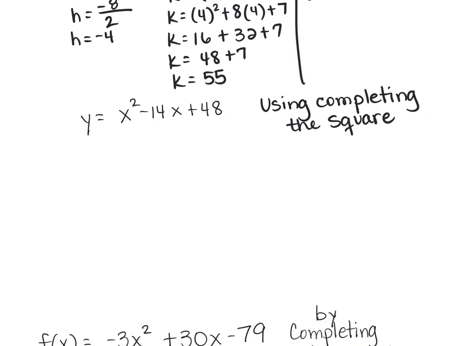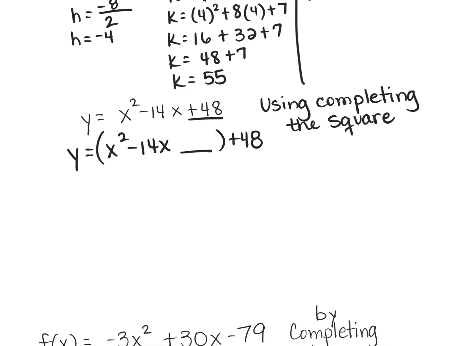If on the quiz or test it doesn't tell you to use this method, then you can use the method above. So with this method, what you do is take the first two terms together, kind of group them together and leave a spot right here. And then whatever this constant is gets bumped out to the side. That's your first step.